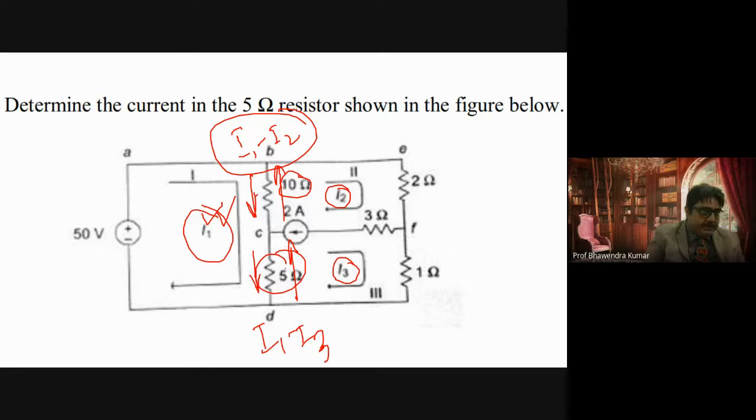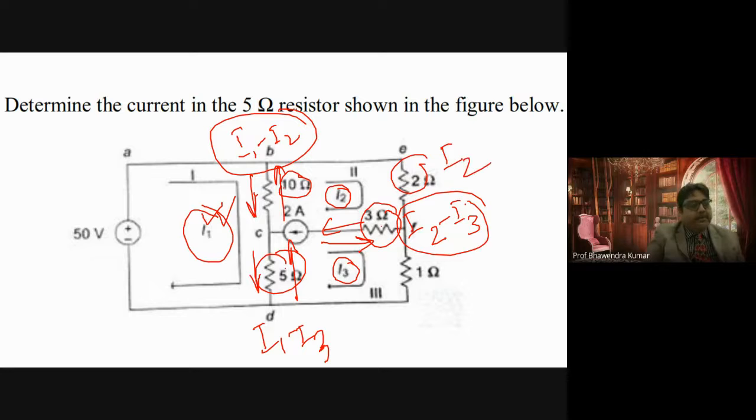For 3 ohm resistor, I2 is going in this direction, I3 is going in this direction. So for the 3 ohm resistor, current will be I2 minus I3. Are you understanding it? For this 2 ohm resistor, the current is simply I2. For this 1 ohm resistor, the current will be I3.